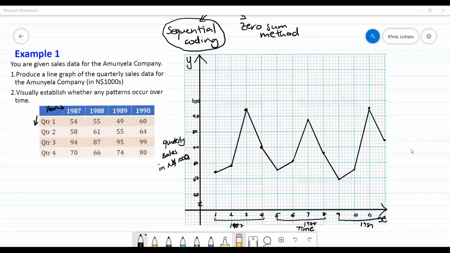So of course you need to go further on. Here, instead of just going 1, 2, 3, 4, 5, and so on, you could also call them quarter 1, Q1, Q2, Q3, Q4, then Q1, Q2, Q3, and so on. I think that might even be a better way to represent it. So let's do that.